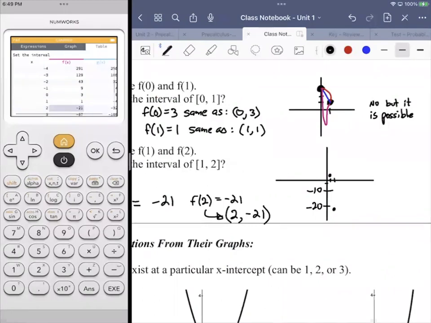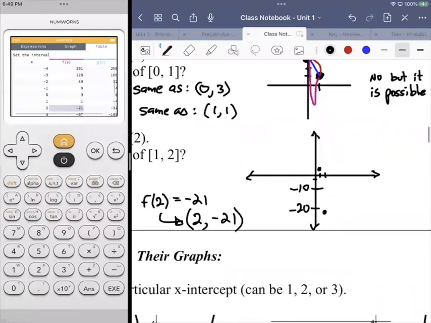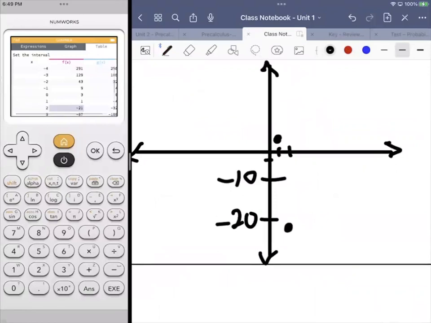-21, somewhere around here. If it's a continuous function, how am I getting from point A to point B without going through the x-axis? It's not like I can circle around it or anything. These two sets of axes are infinite. They go on forever. There's no circling around it. So if I have to, while also being a function, get from here to here, the only way I could do it is to go through the axis.